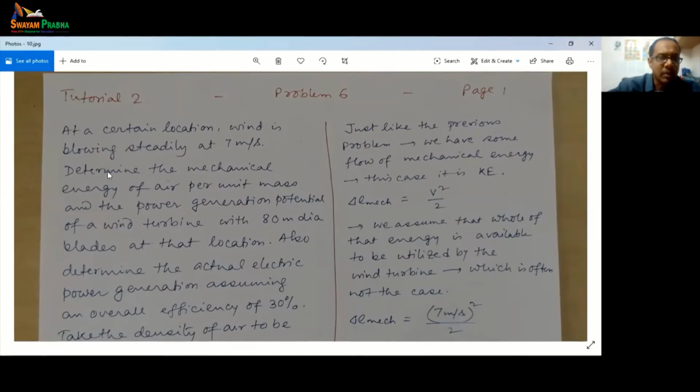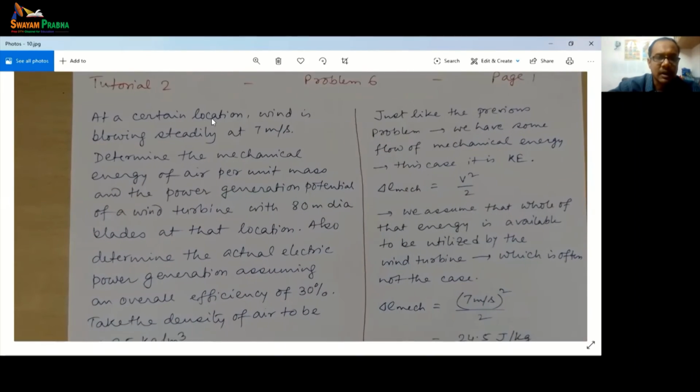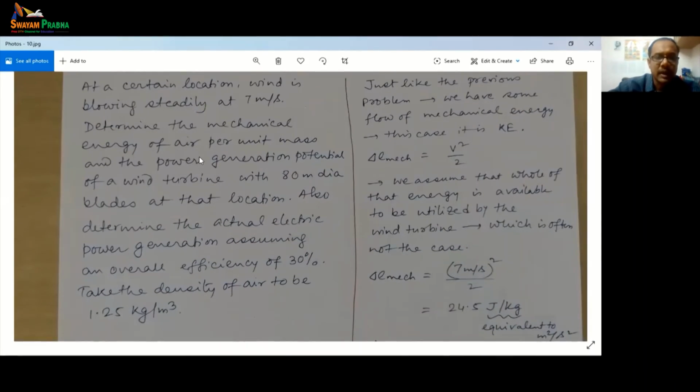Okay, so the problem statement is, at a certain location wind is blowing steadily at 7 meters per second. Determine the mechanical energy of air per unit mass and the power generation potential of a wind turbine with 80-meter dia blades. So note this, 80-meter dia.